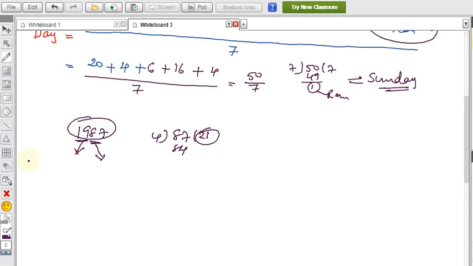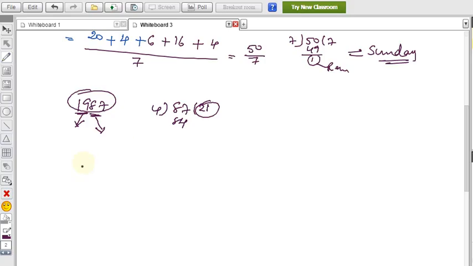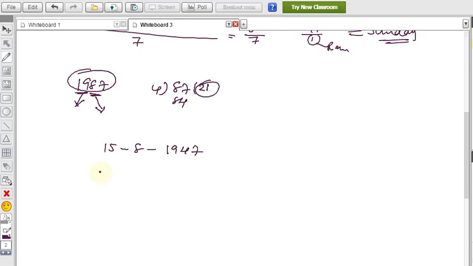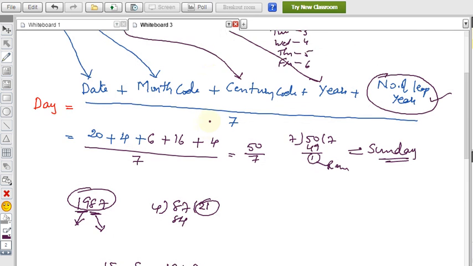So let me give clarity with one more date. We'll see August 15th, 1947. 15th August 1947. If you practice a little bit, then it's very easy. Now according to the formula, the day is equal to 15 plus the month code for August.